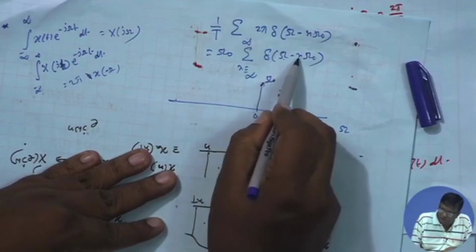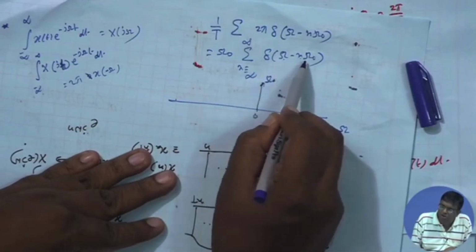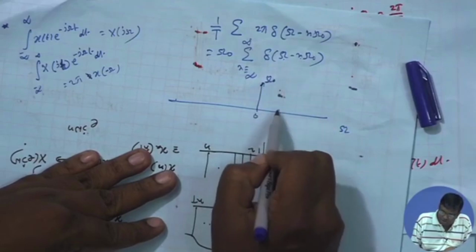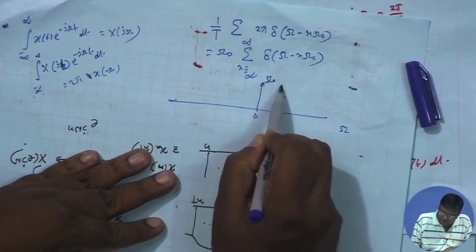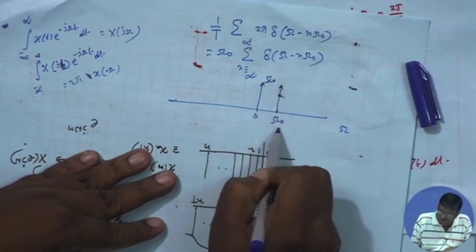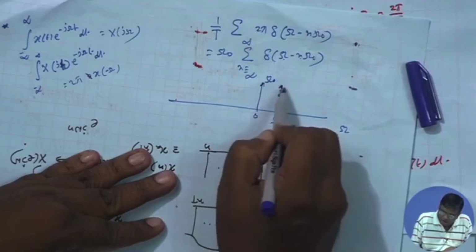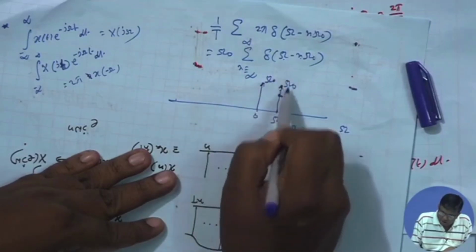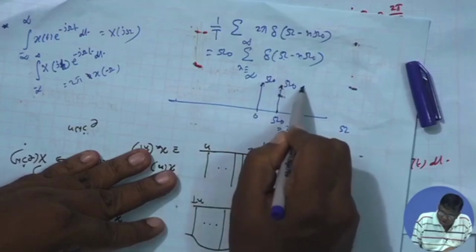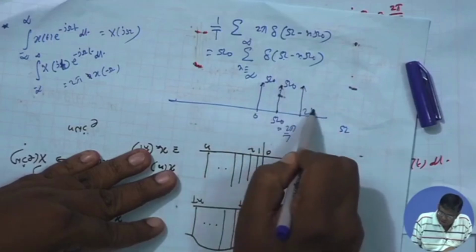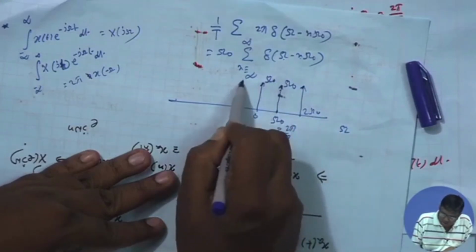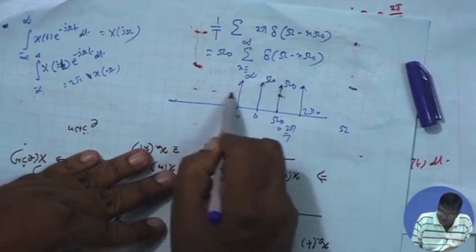Then at n equal to 1, delta omega minus omega naught, that means it will be shifted to omega naught, which is 2 pi by T, and its strength again will be omega naught. Then again the next one at twice this, and so on.